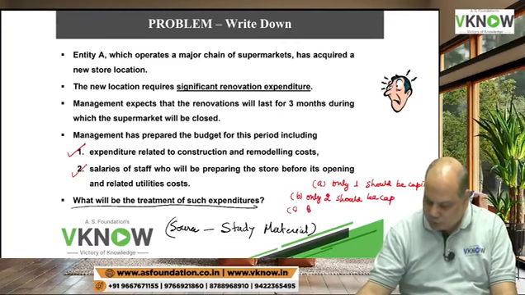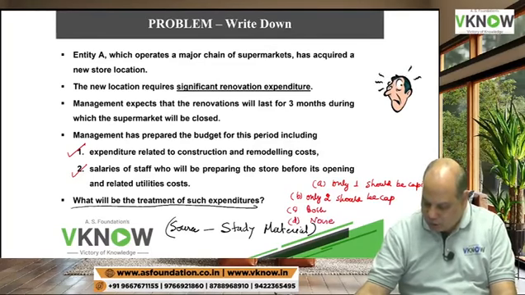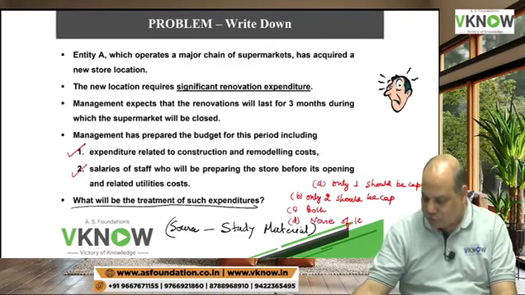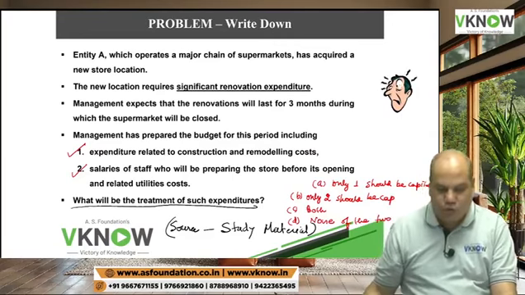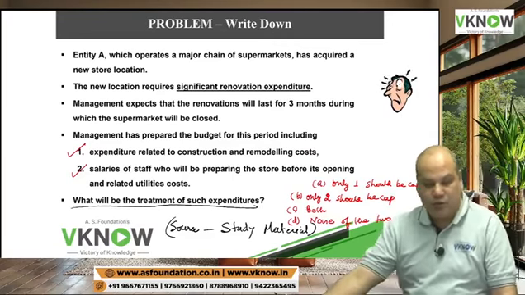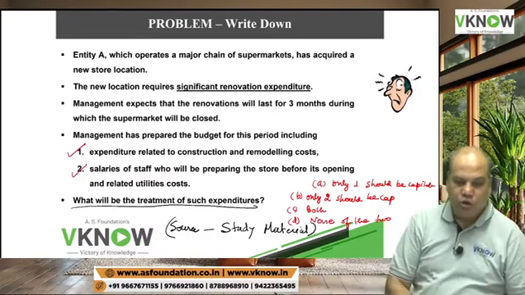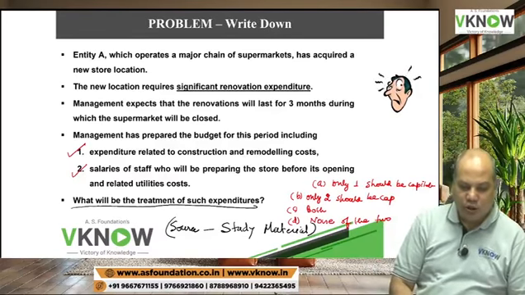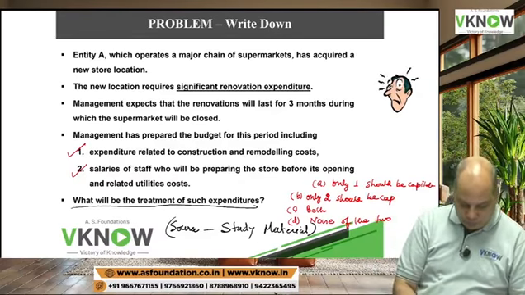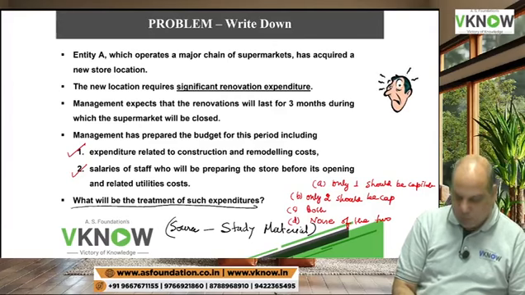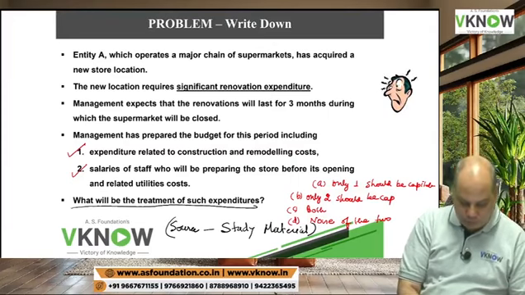C, both should be capitalized. And D, none of the two should be capitalized. So you have to tell me whether the answer is A or B or C or D.